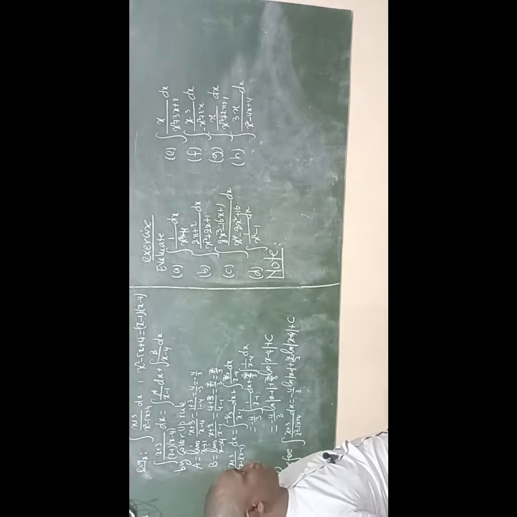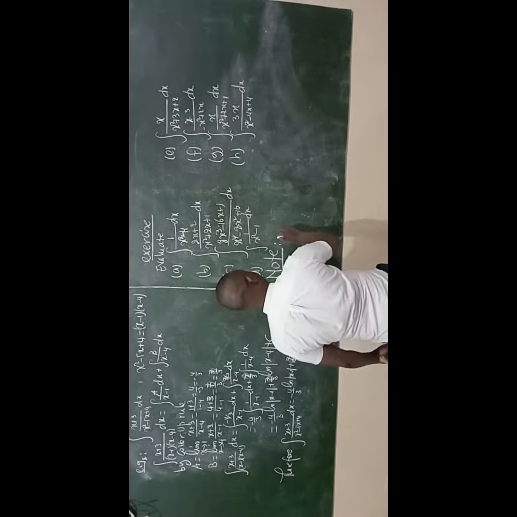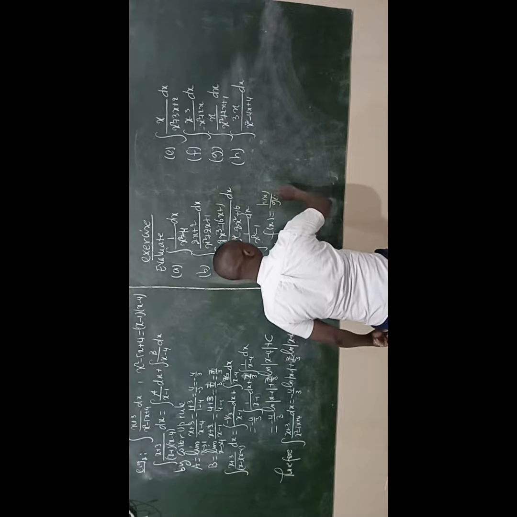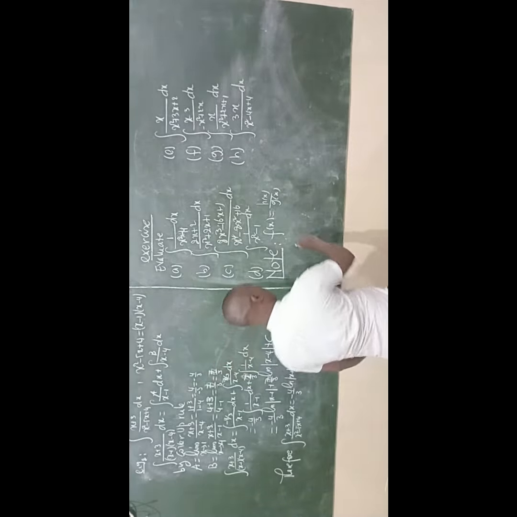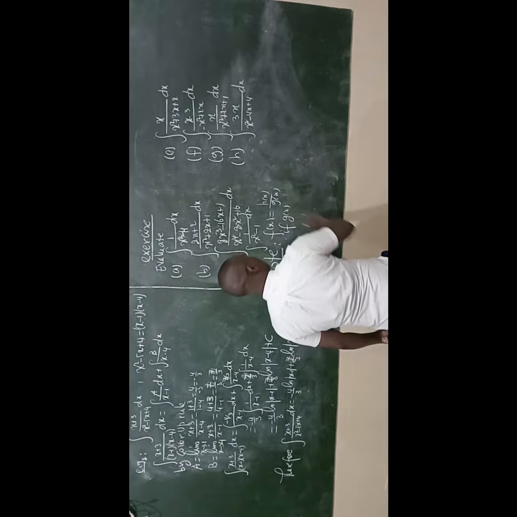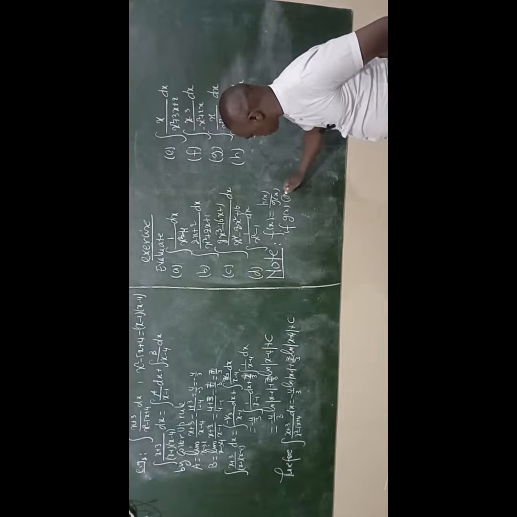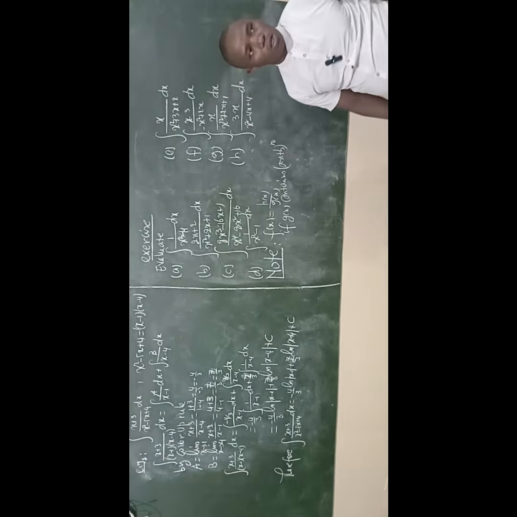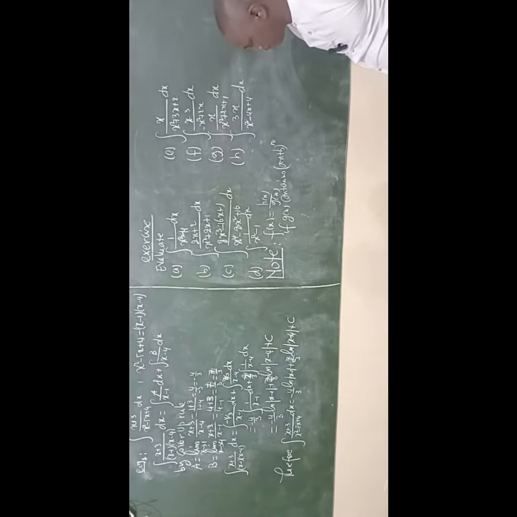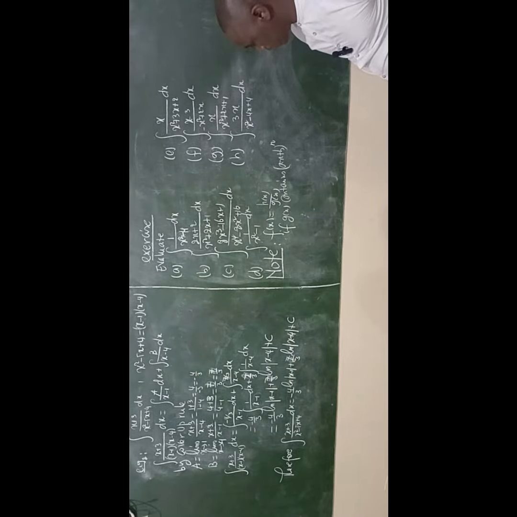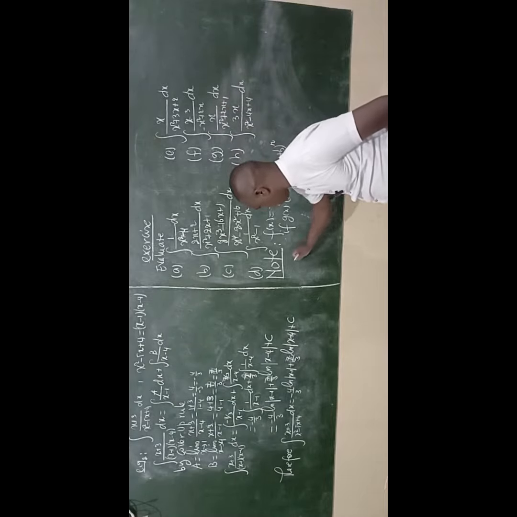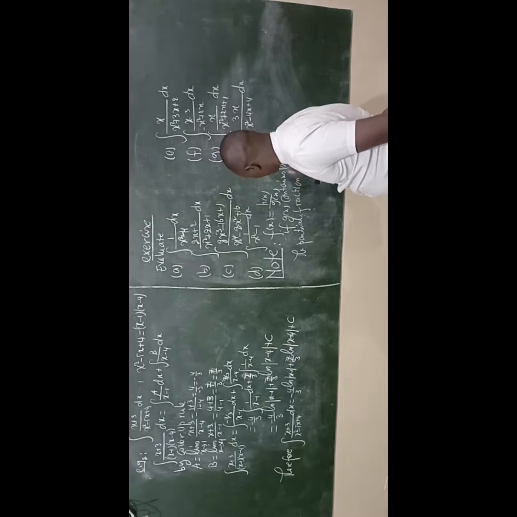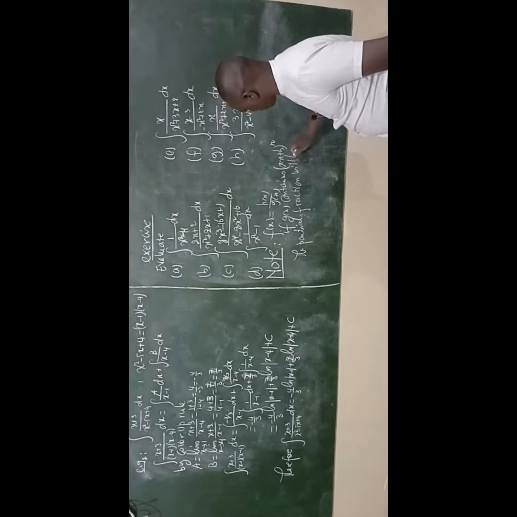If fx is hx by gx, if gx contains ax plus b to the power of m, the partial fraction will be of this form.